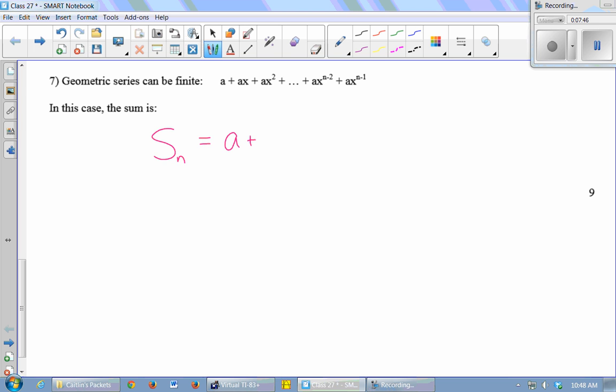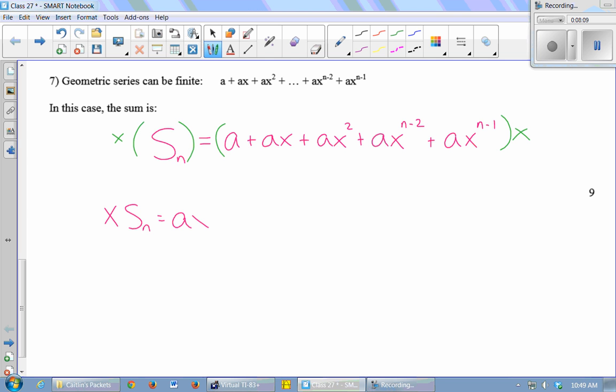This is going to be a plus ax plus ax squared, and so on. Now I'm going to multiply both sides of this equation by x. And I get x times s sub n is equal to ax plus ax squared plus ax cubed plus, I missed some dots in there.